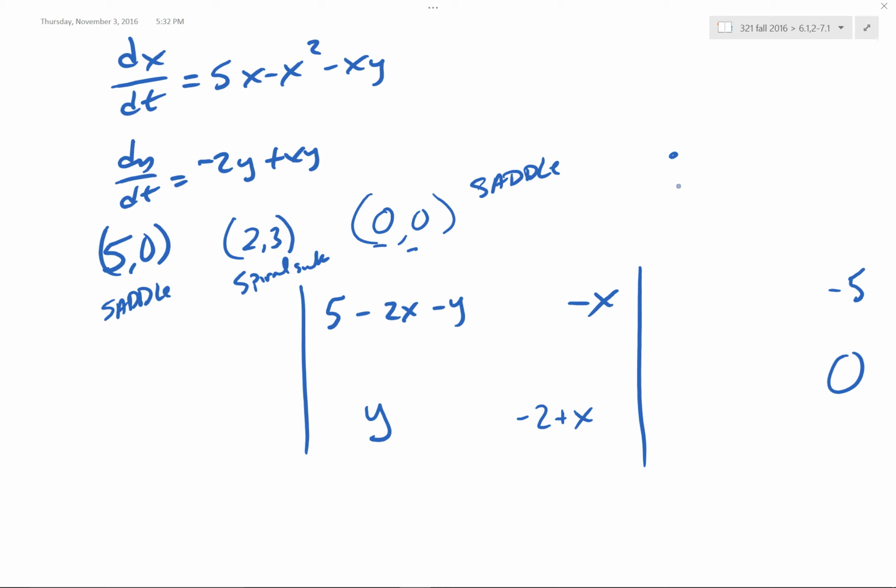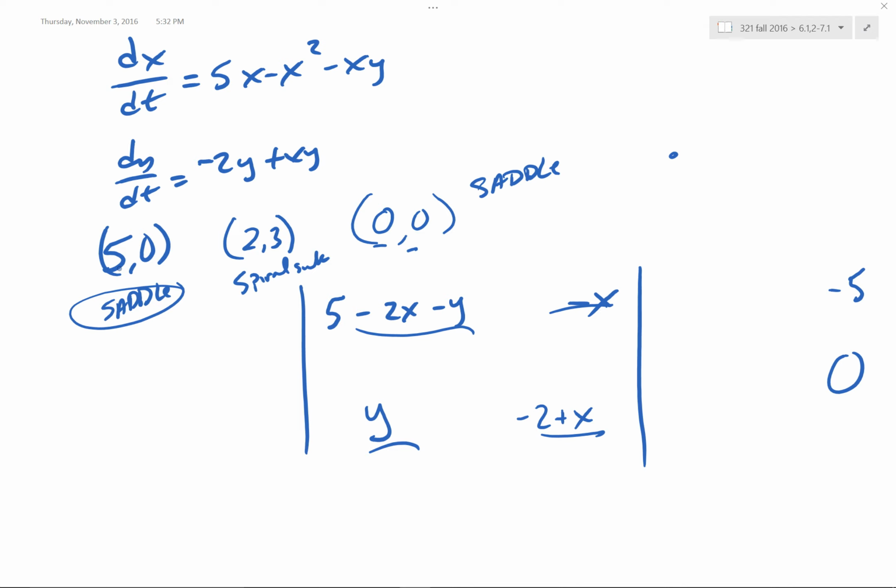Well, I literally did that. I plugged 5 and 0 in here and here and here, and I got eigenvalues, and the book says confirm that they are 5 and negative 2. Well, they were. I didn't write them down, but they were. That's why it's a saddle point.